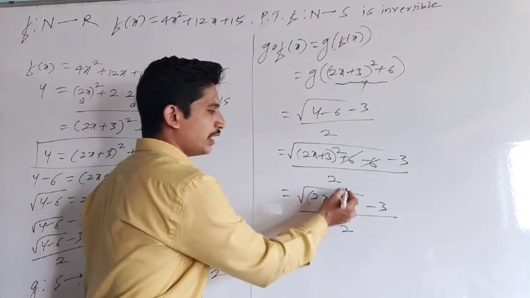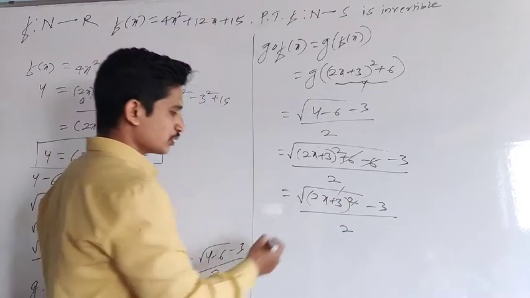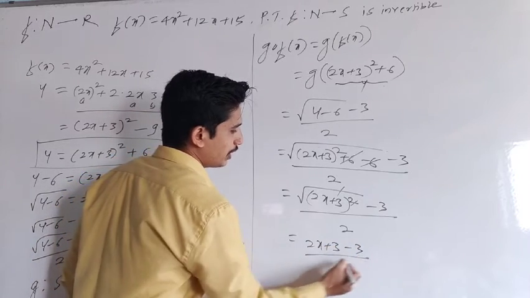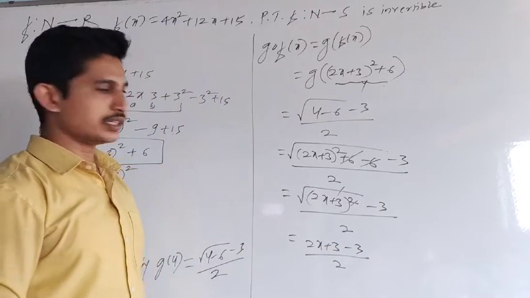Now this square and root will get cancelled. Therefore, we get (2x plus 3 minus 3) divided by 2.